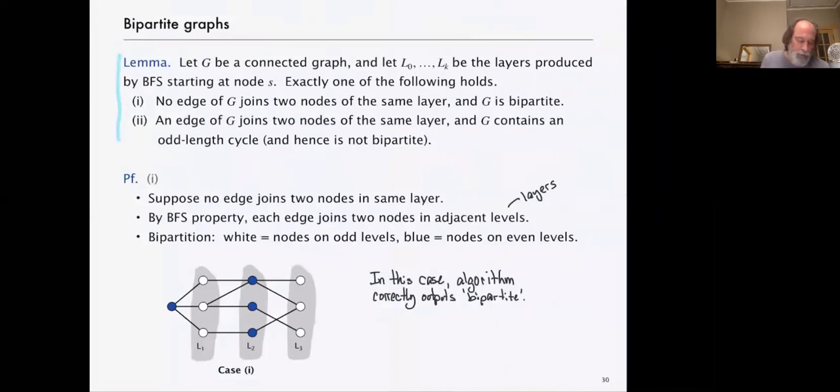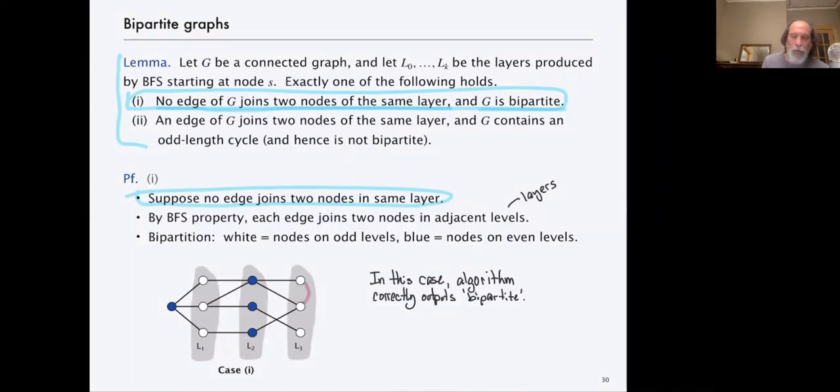Okay, so let's go back to this lemma and prove it. The first one is, we need to show if no edge of G joins two nodes at the same level, G is bipartite. So let's suppose there's no edge joining two nodes at the same level. That eliminates edges like this or like this, but it doesn't eliminate monochrome edges like this.